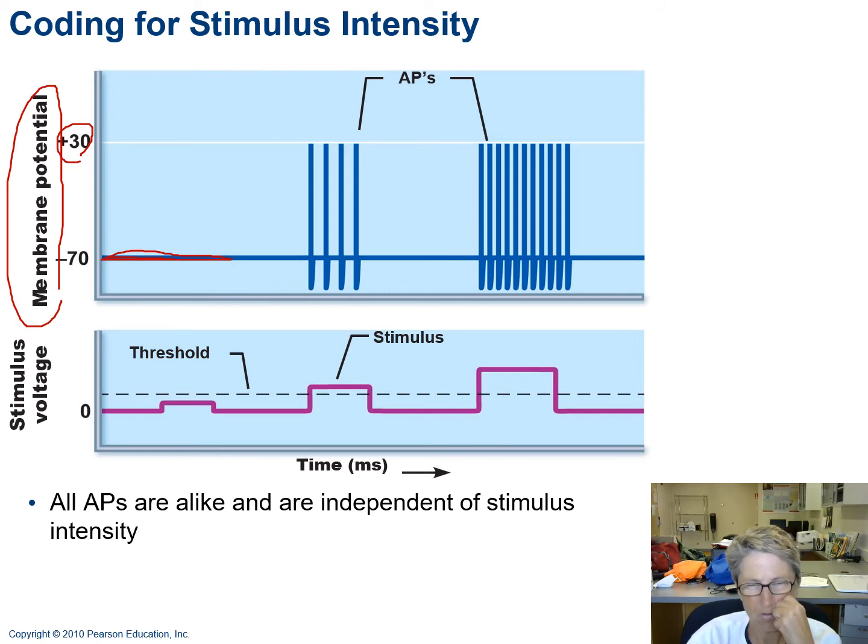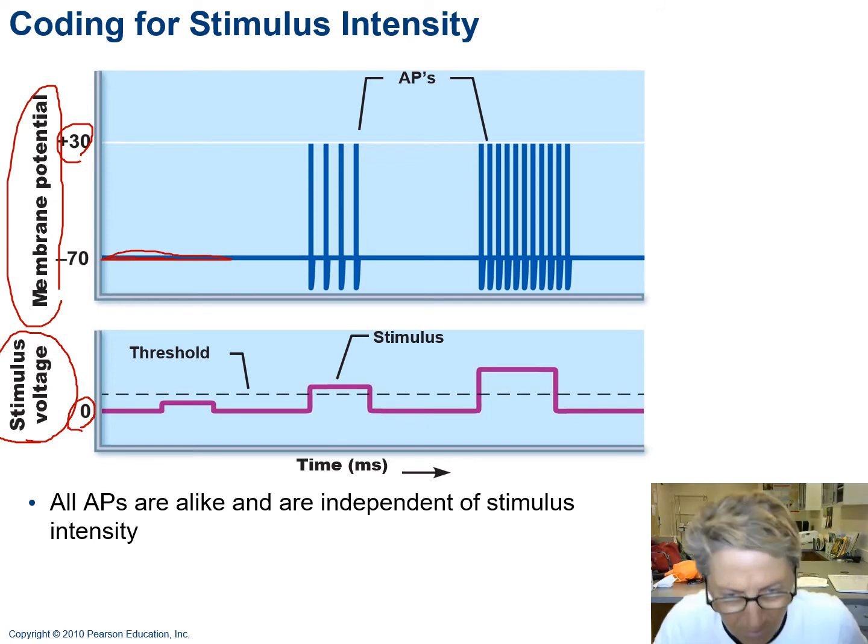They're just showing them as straight lines, not as the peaks that we see. And then down here, this is set up in a lab. You have the stimulus voltage, and it's got 0 millivolts here. It doesn't have any other millivolts along the y-axis, but that's okay. And then time is on the x-axis for both graphs.